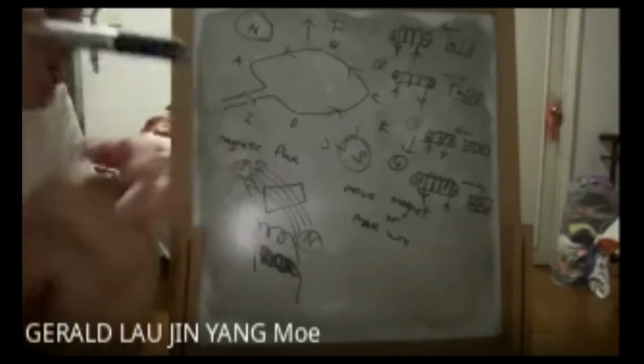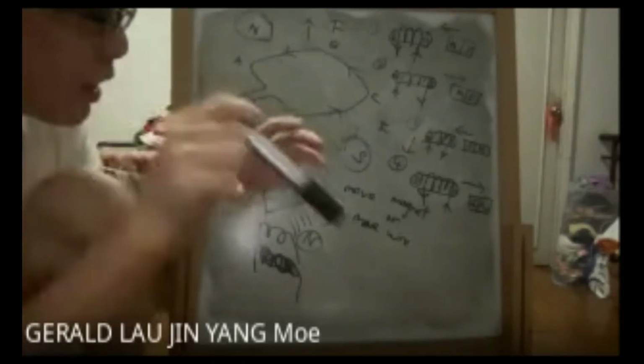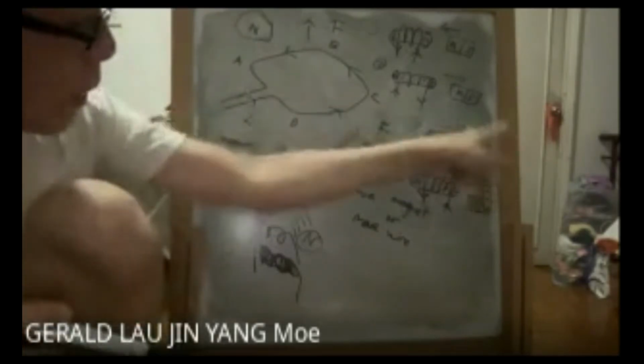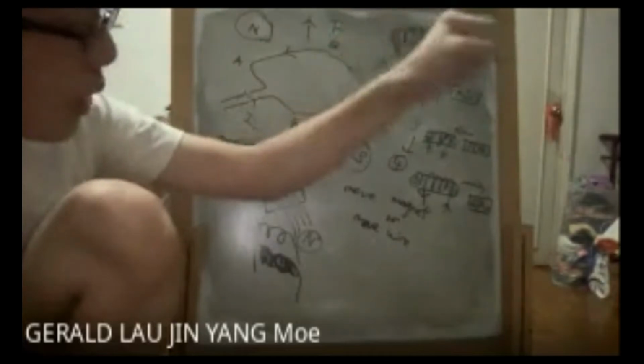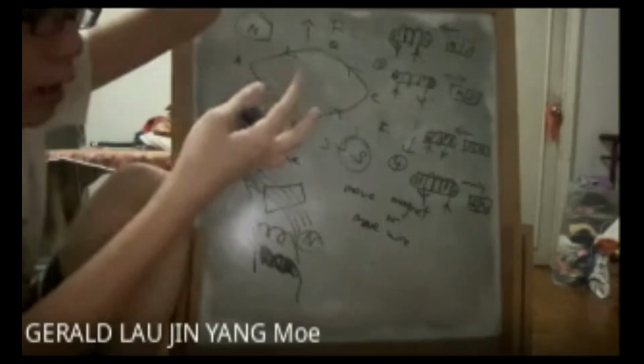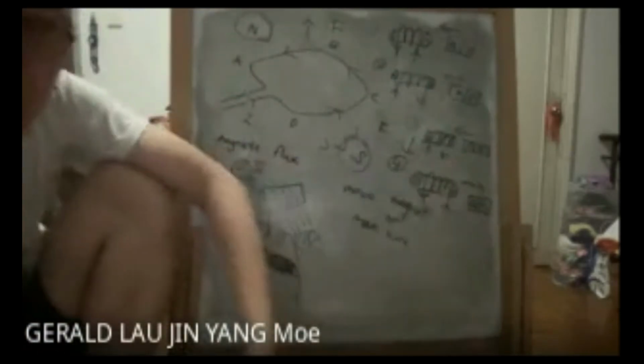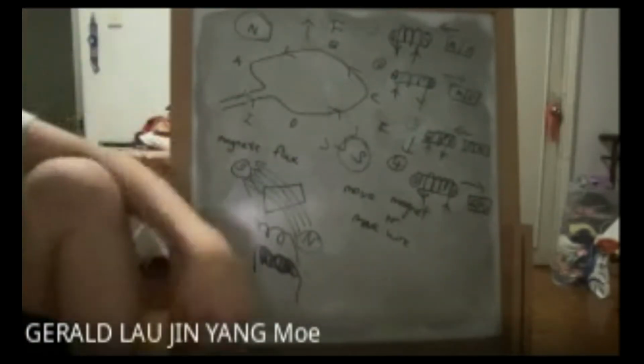But remember, because you push, go in and go out a lot of times, towards and away from it, it will produce a changing magnetic field, and then it will produce the induced current.